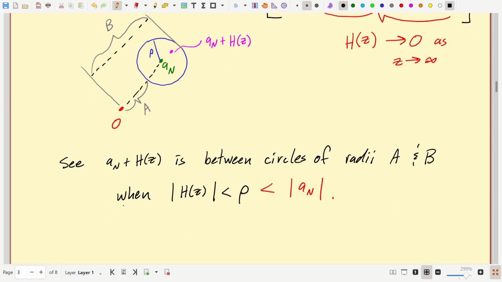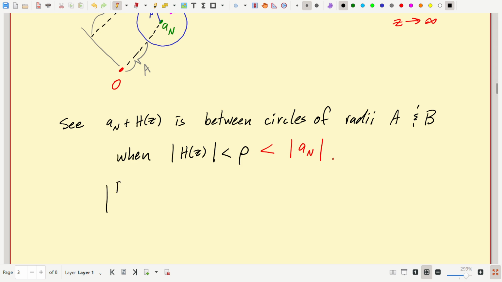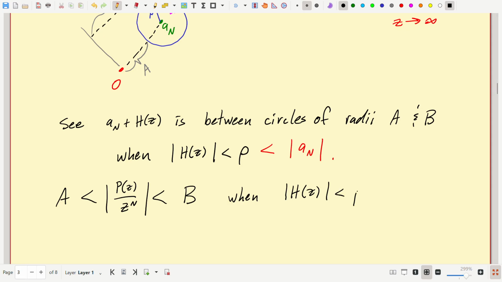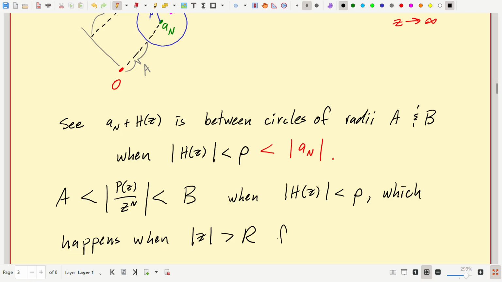So I get the modulus of p of z over z to the n, that's the point a_n plus h of z, and now I see it's between a and b when h of z is less than rho, which happens when modulus z is some bit bigger than some radius, for some r. Since h of z goes to 0.